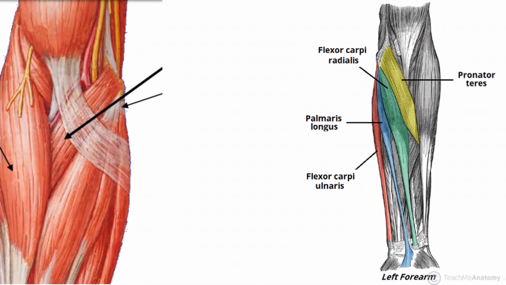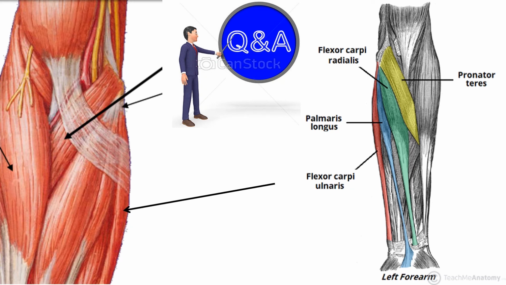This is the anterior compartment of the forearm flexor group of muscles, and let us ask ourselves some questions. What is this muscle? This is flexor carpi ulnaris. Why? This is flexor carpi ulnaris because it is the most medial muscle of the group.